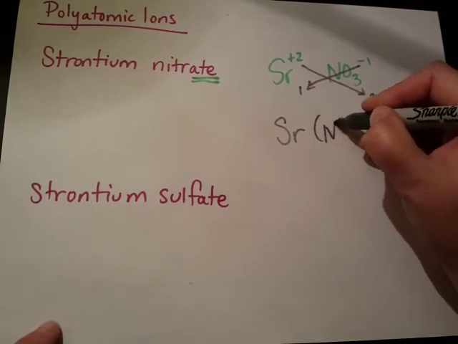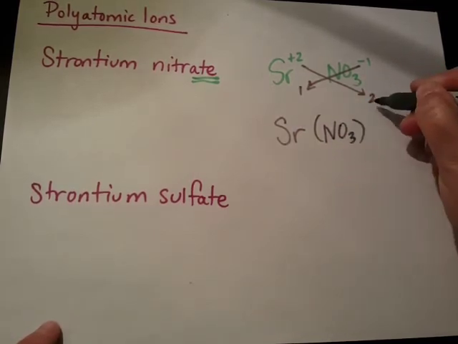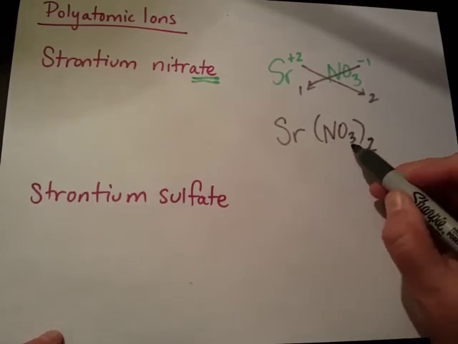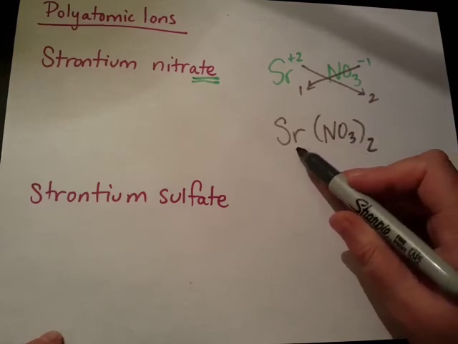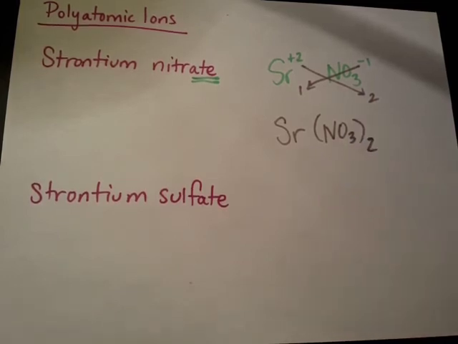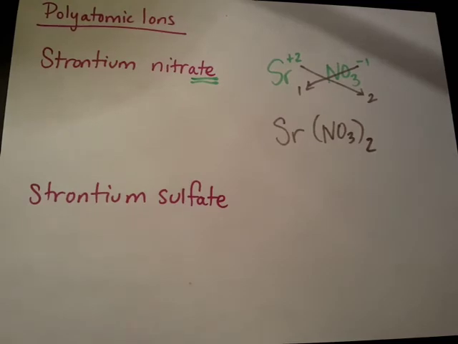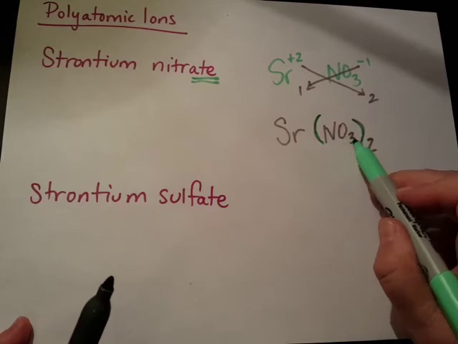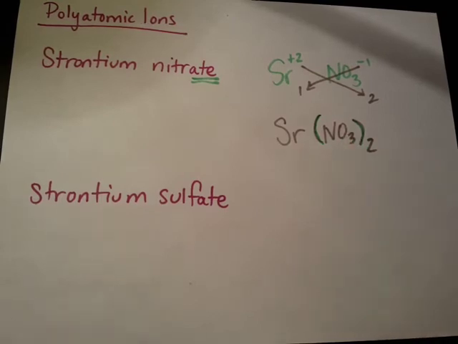The whole NO3 is multiplied by 2. There are 2 of those nitrate particles for every one strontium particle. So we have to make sure that we include these brackets. We can't have NO32, because somehow it'll end up looking like 32.